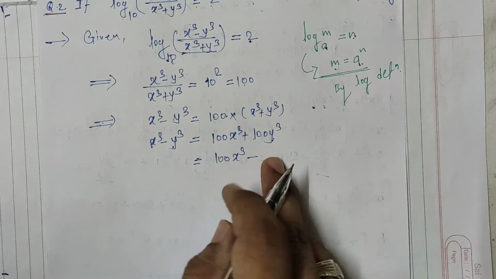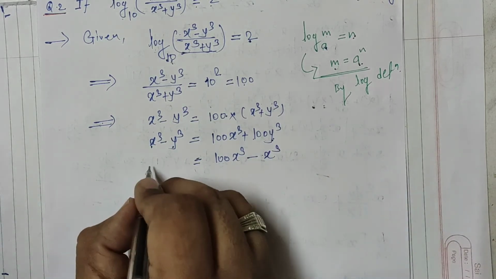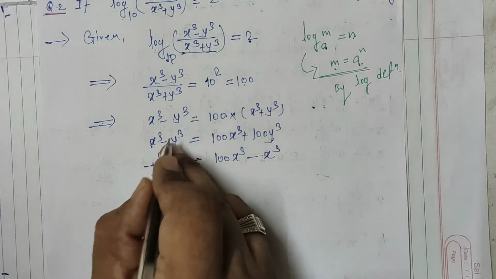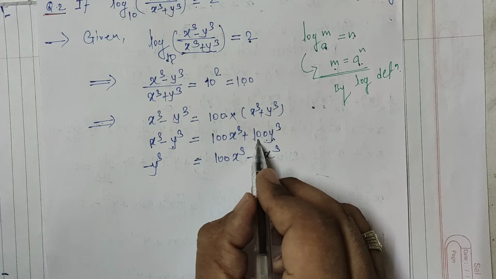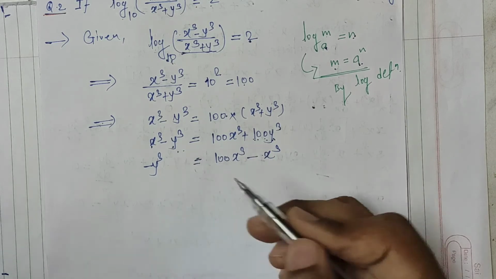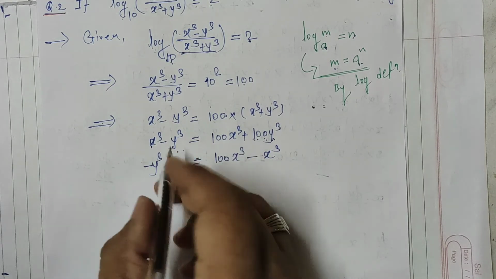If you move it to the other side, it becomes negative, minus x cube. Then minus y cube as it is. Here is plus 100 y cube. If you move it to the left side, it becomes negative.